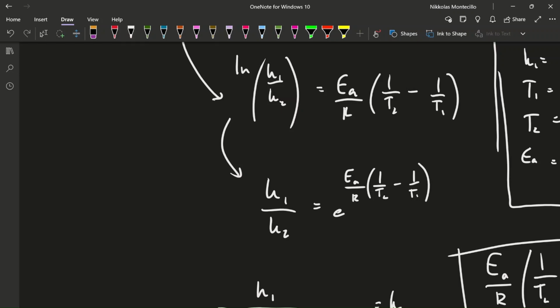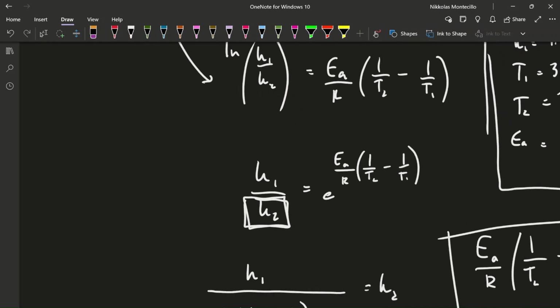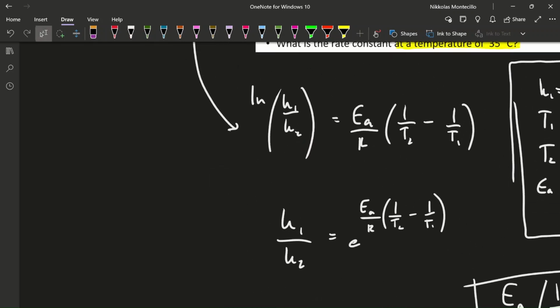Oh, no, actually first, what we want to do is get rid of the logarithm, because ultimately we want to isolate for K2, right? So we need to remove this natural logarithm by applying the exponent on both sides. So e to the power of x, which cancels this out, or apply the natural exponent on both sides, which cancels this out, right?